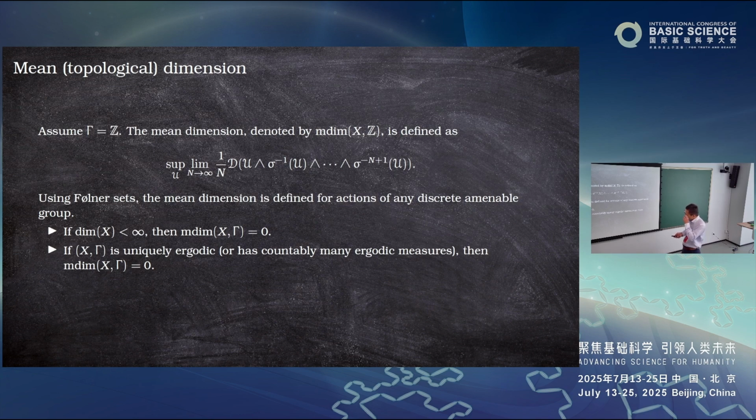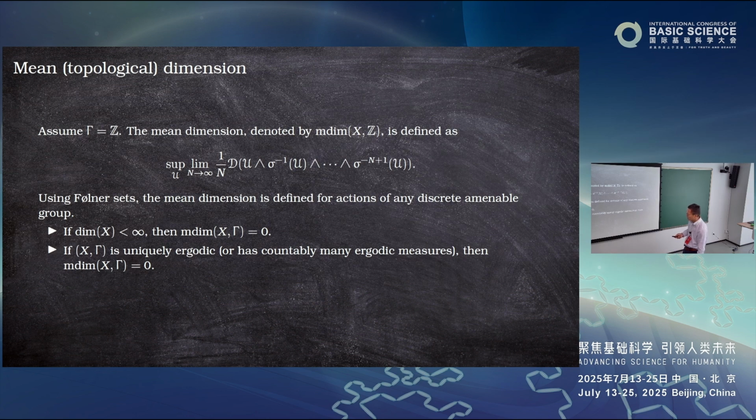But more interestingly, if the dynamical system is uniquely ergodic, so suppose there is only one invariant probability measure, then the mean dimension has to be 0. I think this is interesting because the condition here is really a measure theoretical condition, but the conclusion is of topological nature.